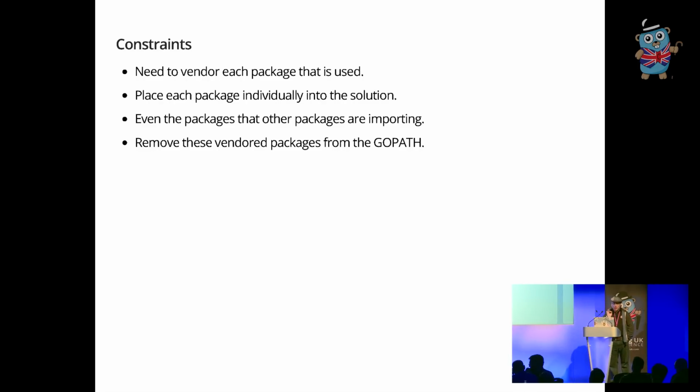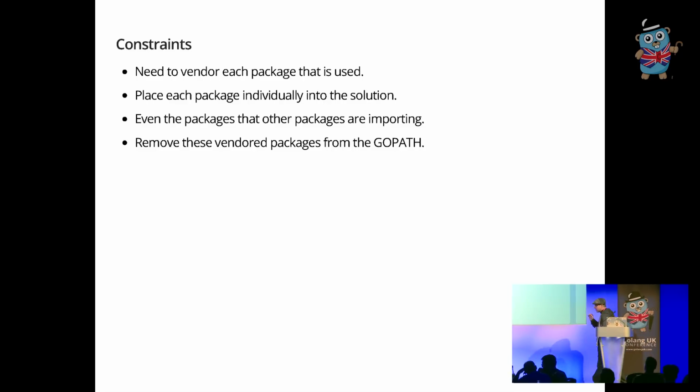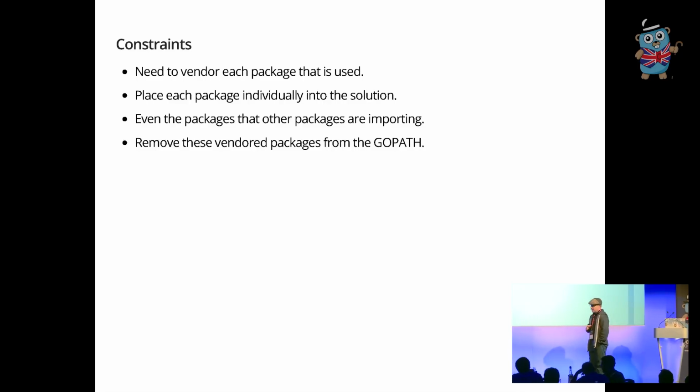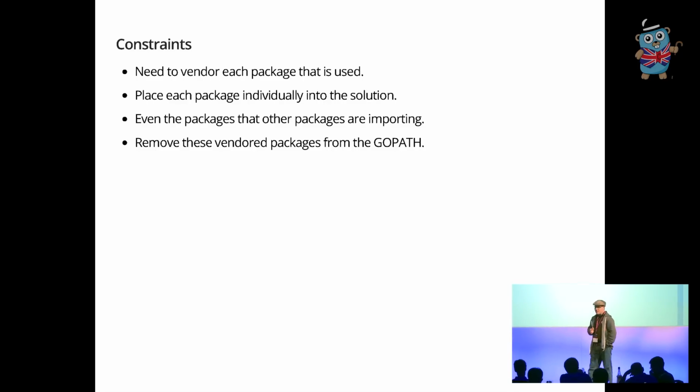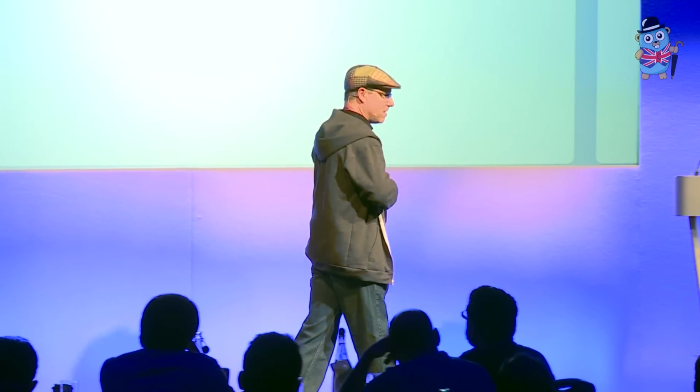And I'm making sure that after I do this, I'm removing those packages from my traditional Go path workspace. I can't tell you how many times I've made a mistake, but the package is in my traditional Go path, and then when I go to build it, it doesn't build, but it always builds on my machine. So try to keep my Go path, my traditional workspace clean.